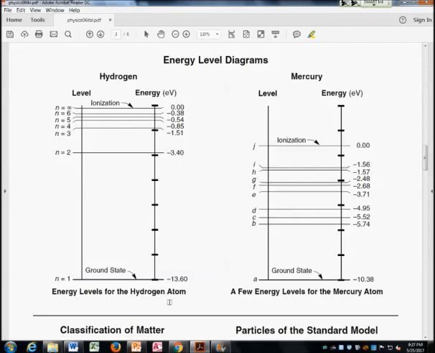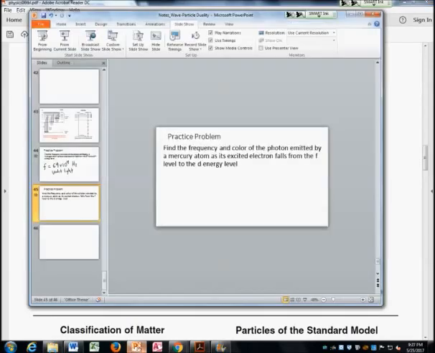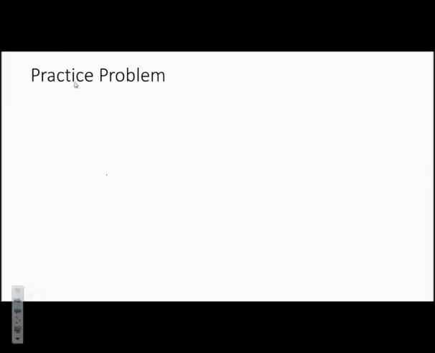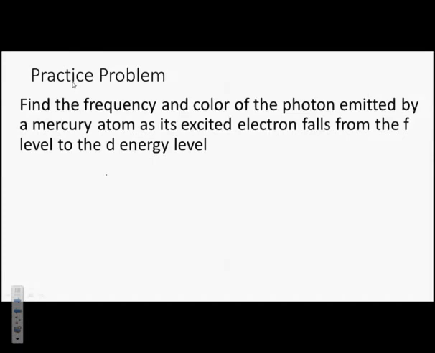So in this one, we're going from our F level down to our D level. So we're looking at our F level, our E initial is equal to negative 2.68, our E final is equal to negative 4.95.